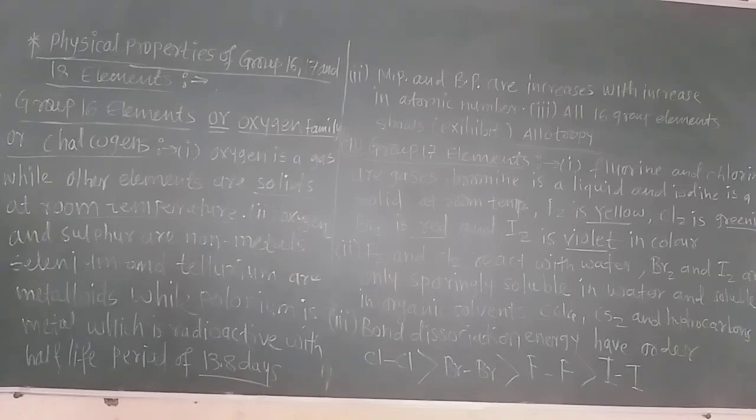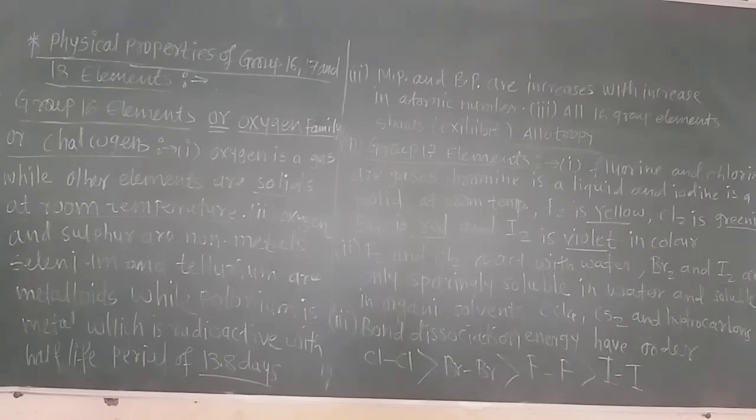Now they have given us here: the bond dissociation enthalpy of fluorine is lower than that of chlorine. Why? Yes, that is the correct bond dissociation energy order, because the question asks: the bond dissociation enthalpy of fluorine is lower than that of chlorine.